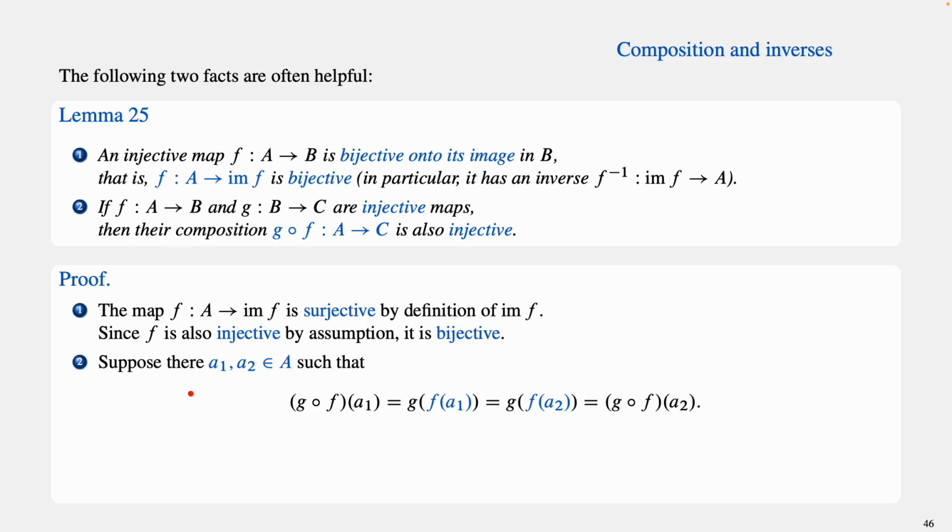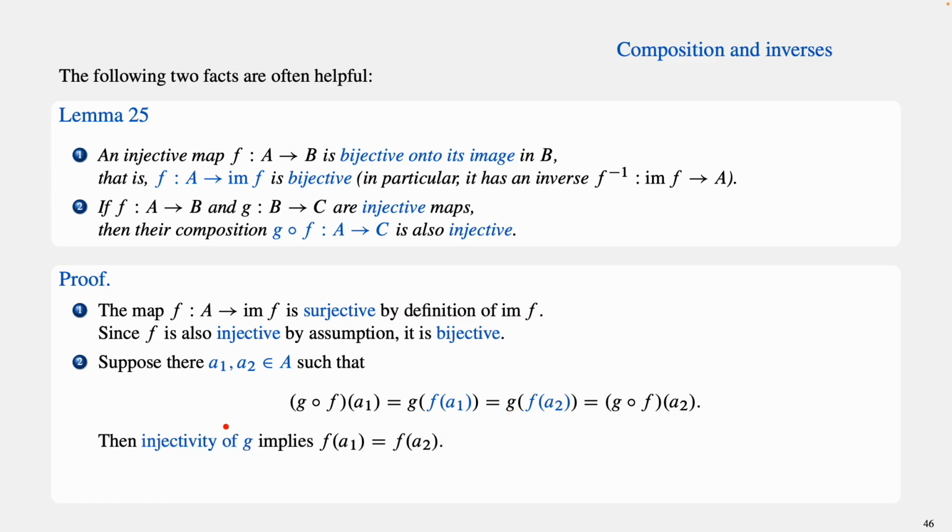For the second part, suppose that we're given two elements A1, A2 in A, such that the composition g composed with f applied to A1 is the same as g composed with f applied to A2. And what we want to show is that then A1 and A2 must be identical. Now, this composition is just g applied to f(A1), and this composition here is just g applied to f(A2).